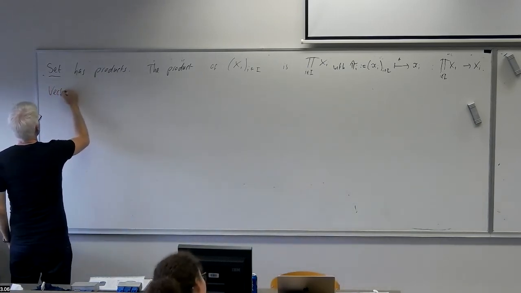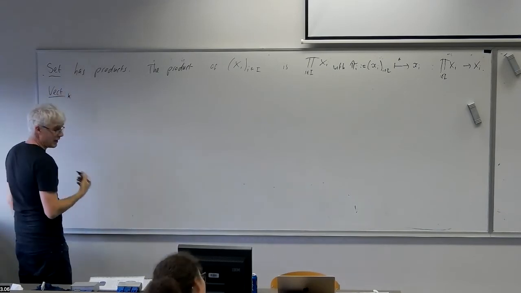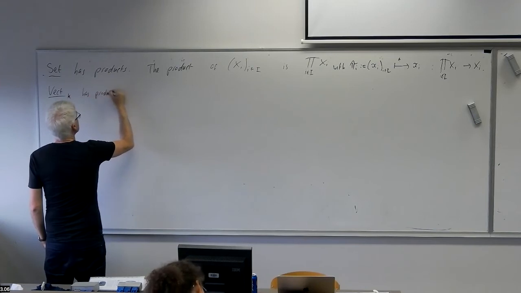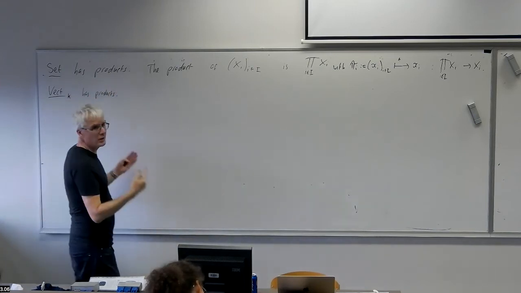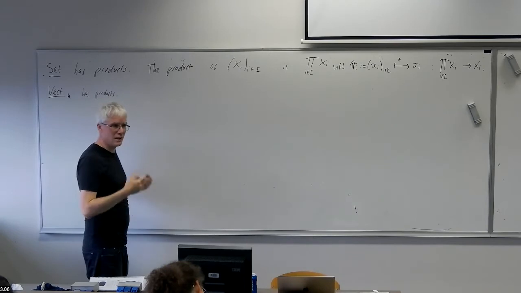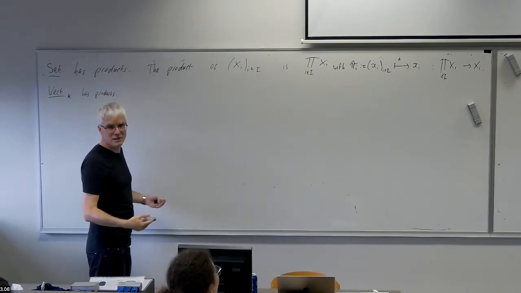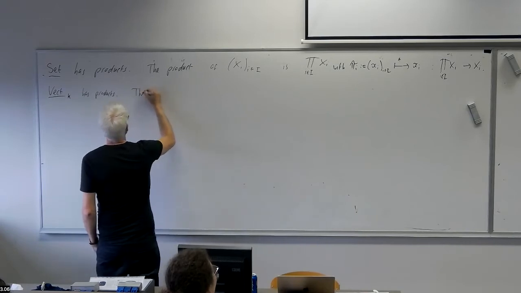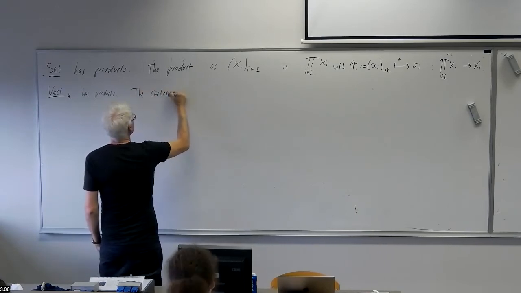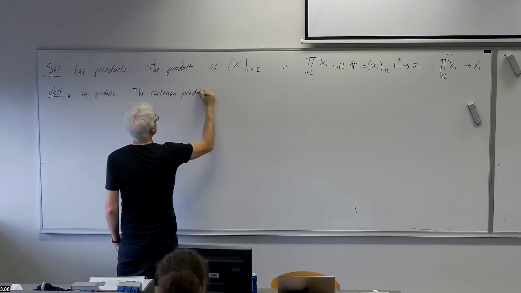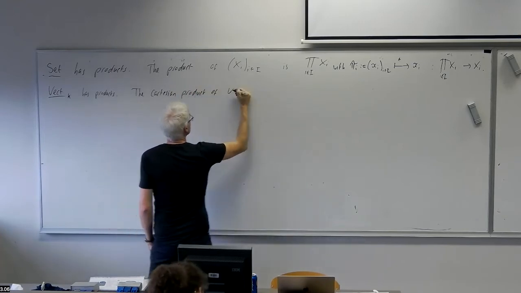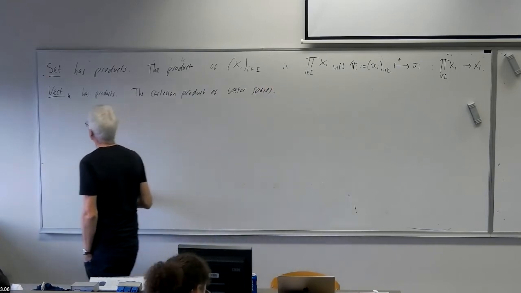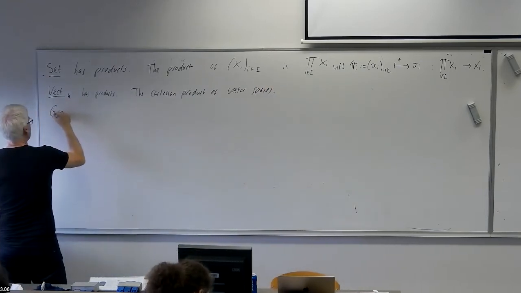The category of vector spaces over a field K, again, has products. And the product in this case is again just the Cartesian product, the I-indexed Cartesian product of vector spaces. Group has products.